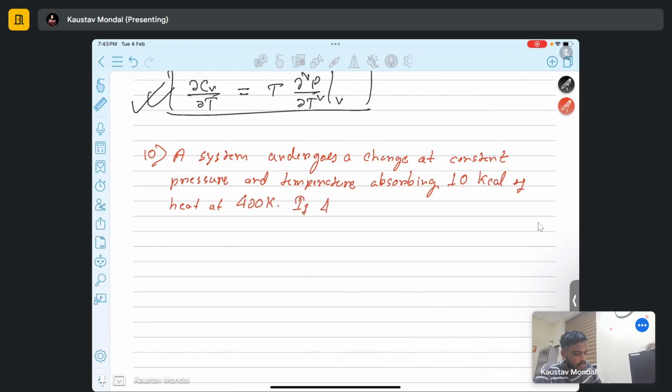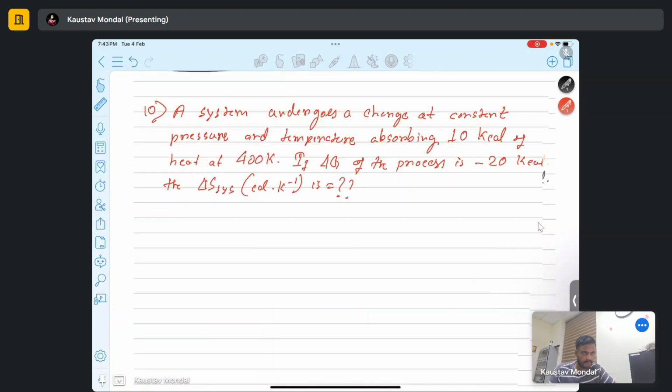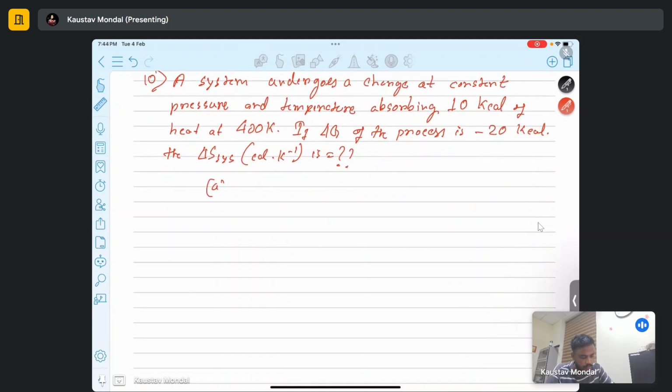If delta G of the process is minus 20 kilocalorie, the delta S of the system in calorie into Kelvin inverse is what? There are four options given: 2500, minus 25 and 75.